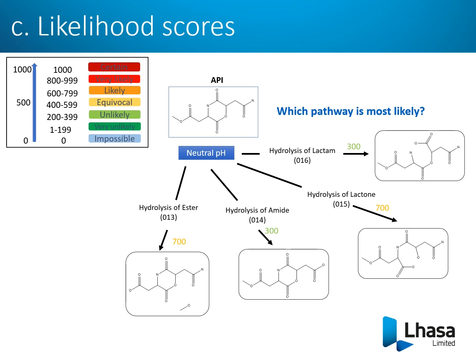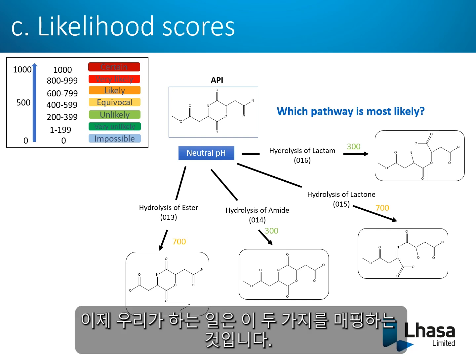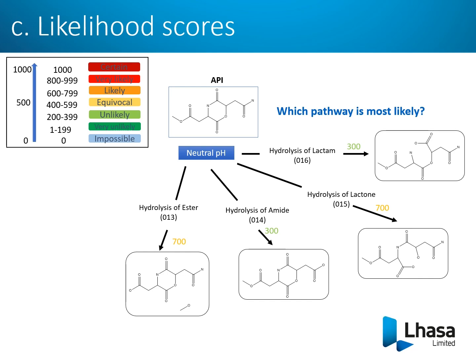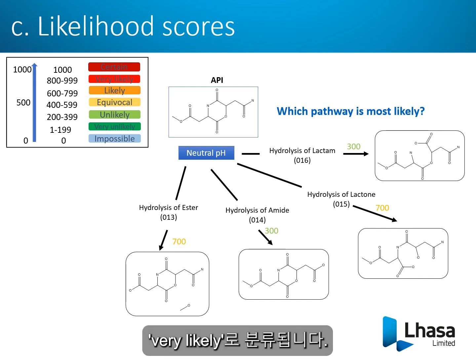So what we tend to do now is map the two, i.e. a score between 400 and 599 we would categorize as equivocal. A score between 800 and 999 we would categorize as very likely.